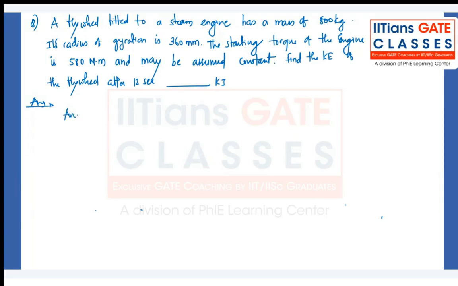Angular acceleration alpha is equal to T by I, which is T by mk square, which is T by 800 into 0.36 square.